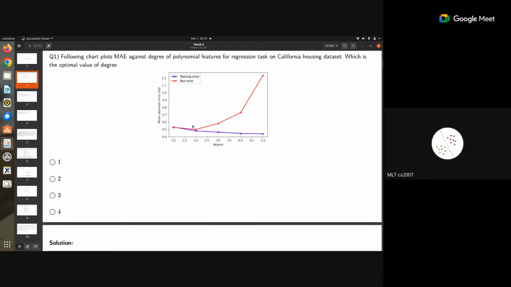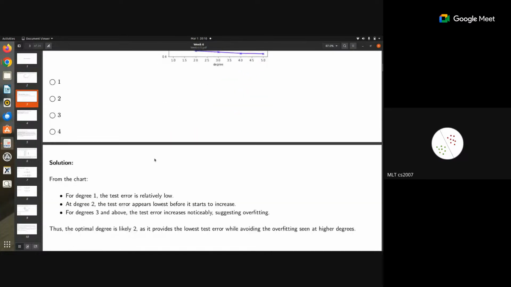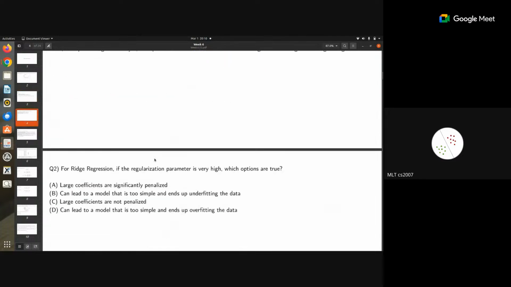Here the test error is lowest, and it is not overfitting either, so the variance between the training error and the test error is not much higher. That's why degree 2 is the optimal value of the degree. Is that fine? Yes. Okay.